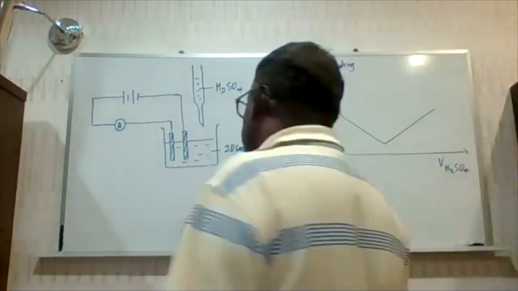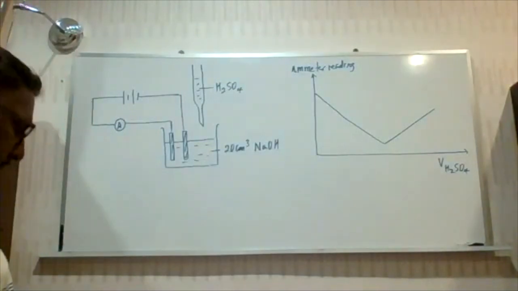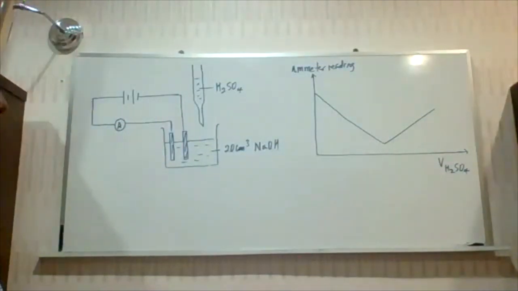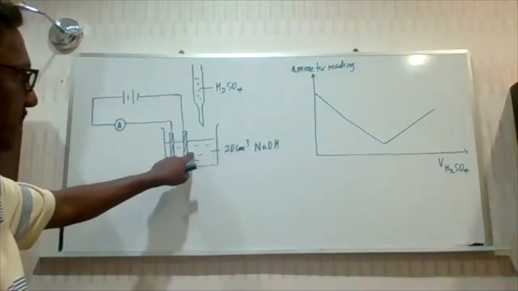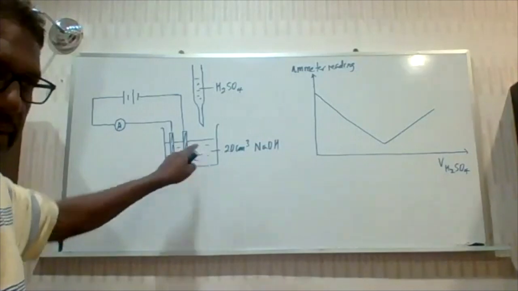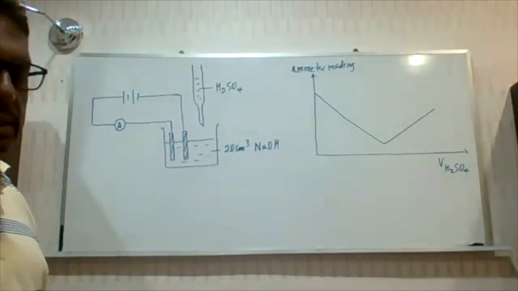So how do we interpret this graph? What is happening in this graph? Number one, you should know this: electrical conductivity associated with a solution, what do we call that?